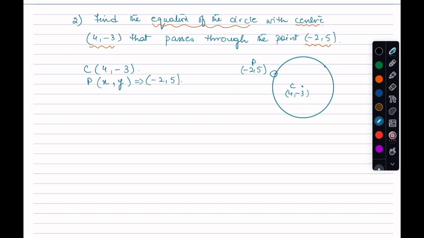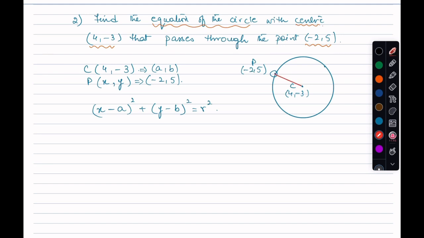They have asked us to get the equation of the circle. I know that the general form of the equation of the circle is (x minus a) the whole square plus (y minus b) the whole square equals r square. I have been given the center, meaning the values of a and b are there. It's just that the radius is not known. So to get the radius, I should know that I have the point P on the circumference.